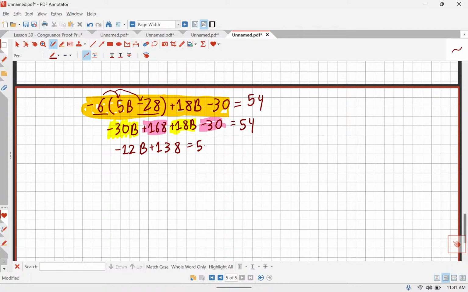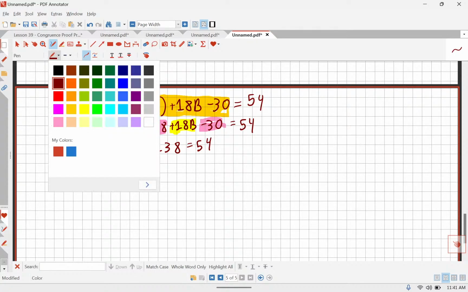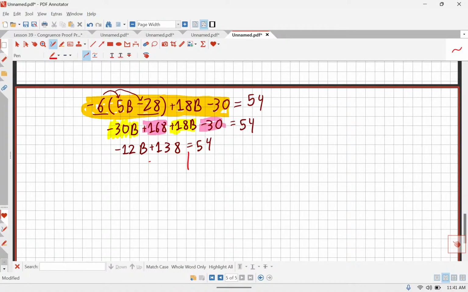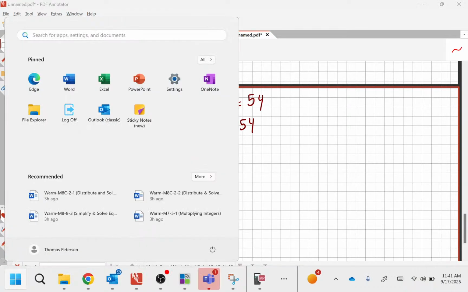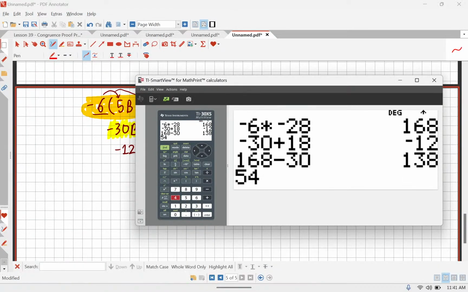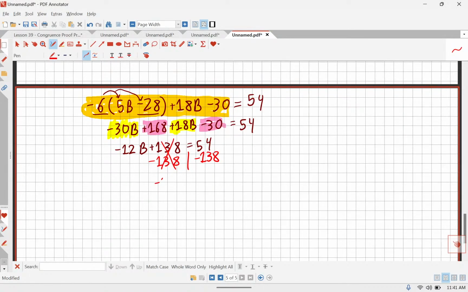Now, this is a two-step equation, and we're going to solve it the way we solve everything. First, we take away the addition by doing the opposite of plus 138. 54 minus 138 is -84. So -12b equals -84.